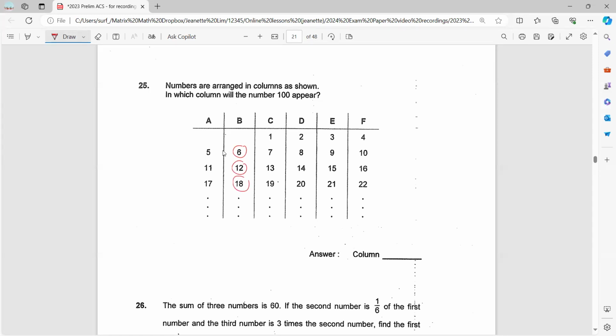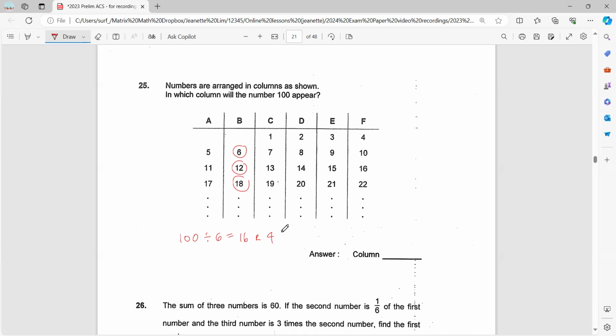So let's take column B as a reference point. Divide by 6. This will give us 16, remainder 4. Now you don't need to care about the row, we only need to care about the column. If there's no remainder, then it will be column B, because it's exactly a multiple of 6, right?